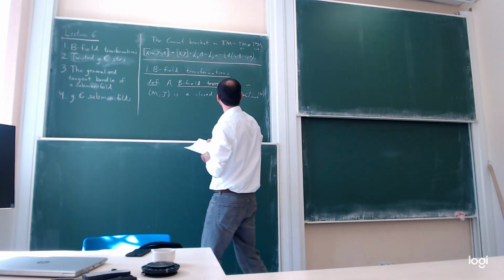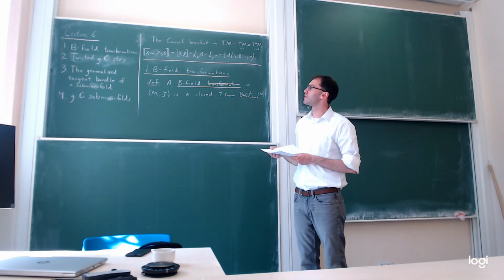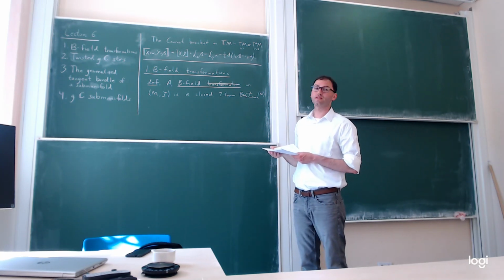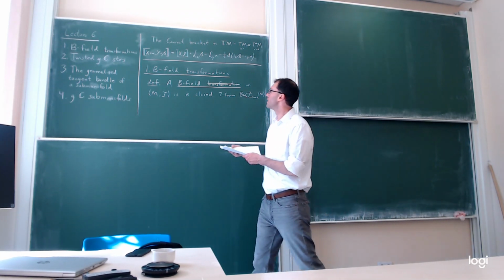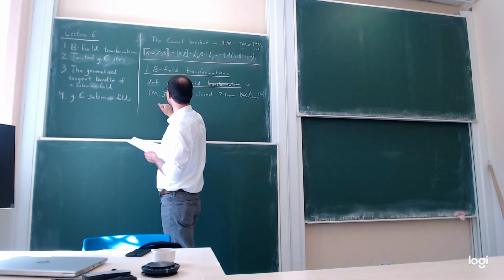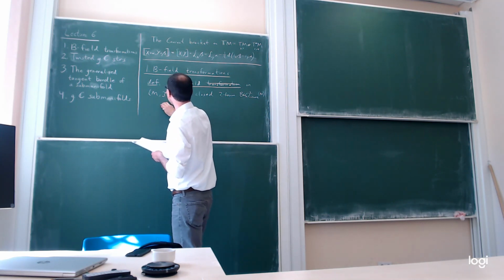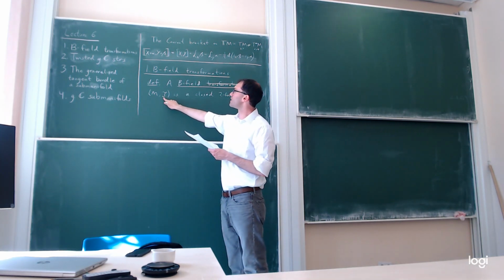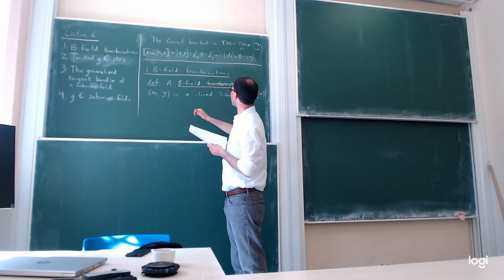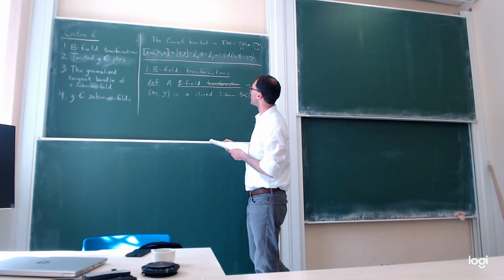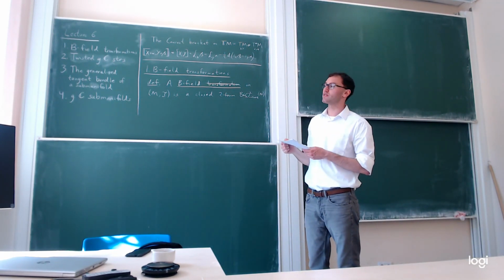A B field is a closed two form on our generalized complex manifold (M, J). But note that we don't even really need the information encoded in J here. So we can define B fields just on smooth manifolds M.